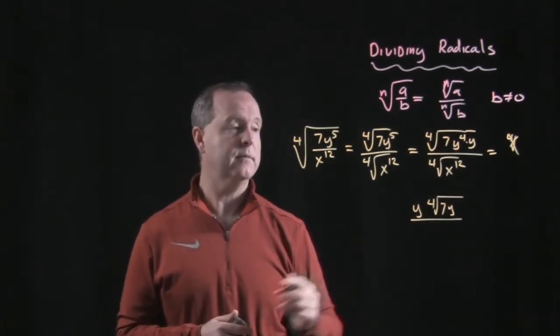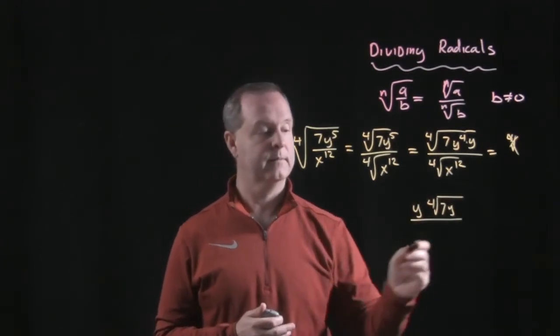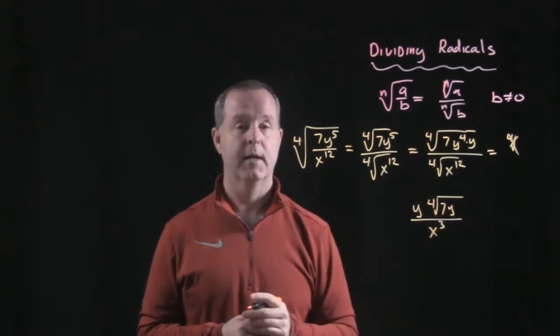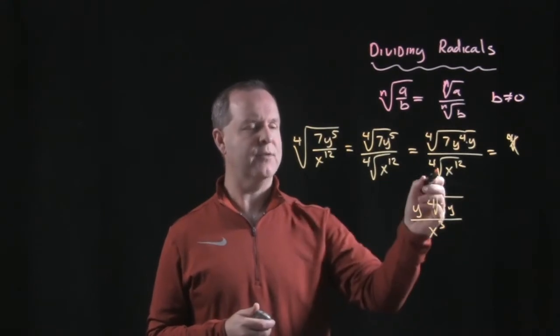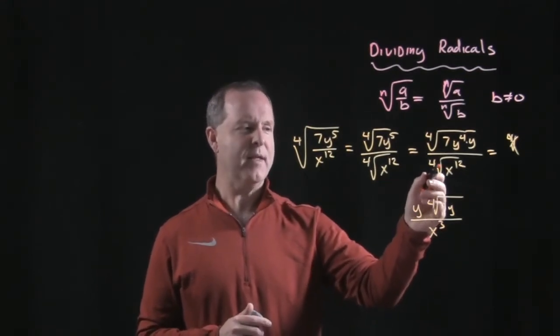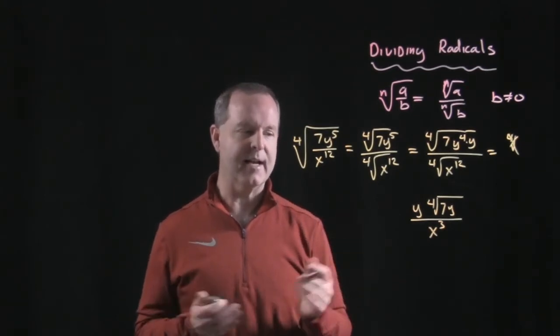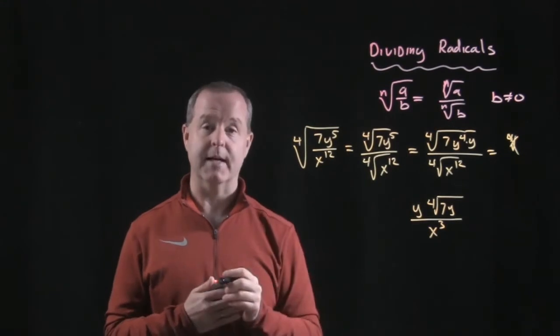In the denominator, what times itself 4 times makes x to the 12th? And that's x to the 3rd. So now I have reduced that all the way down. Now, just as a side, how do we think about the 4th root of x to the 12th? Because sometimes we still get kind of caught up on that. So what times itself 4 times makes x to the 12th?